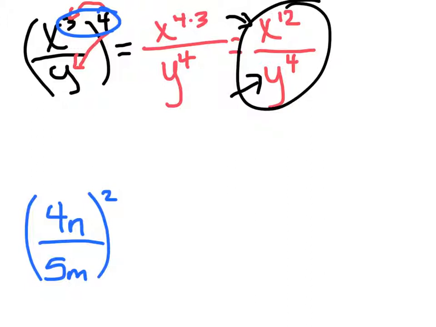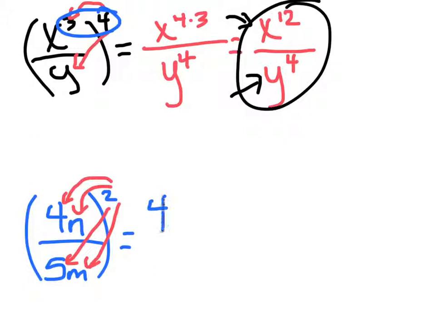So let's do one of the problems from the homework since you made it all the way through the video. This is problem number 8 from the homework. If you'll remember, you have to take this 2 and distribute it here and here, and then obviously here and here. So it's going to go 4 places total.